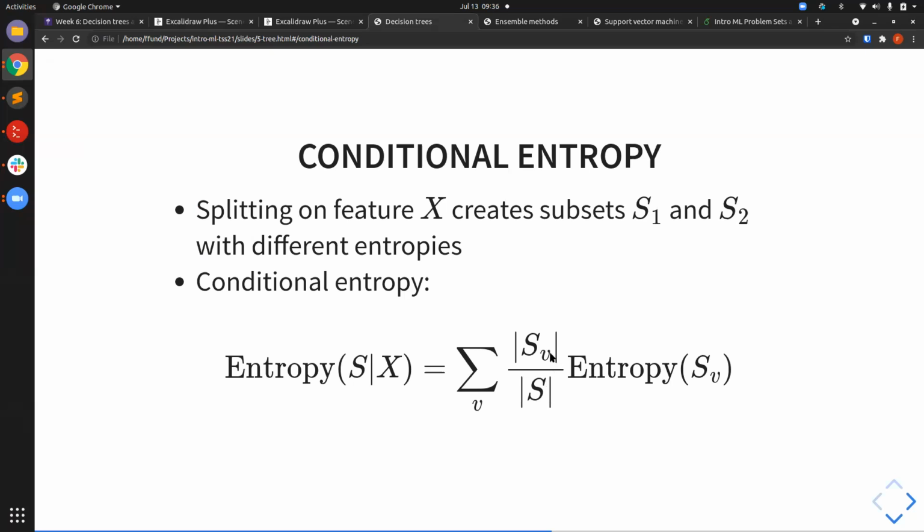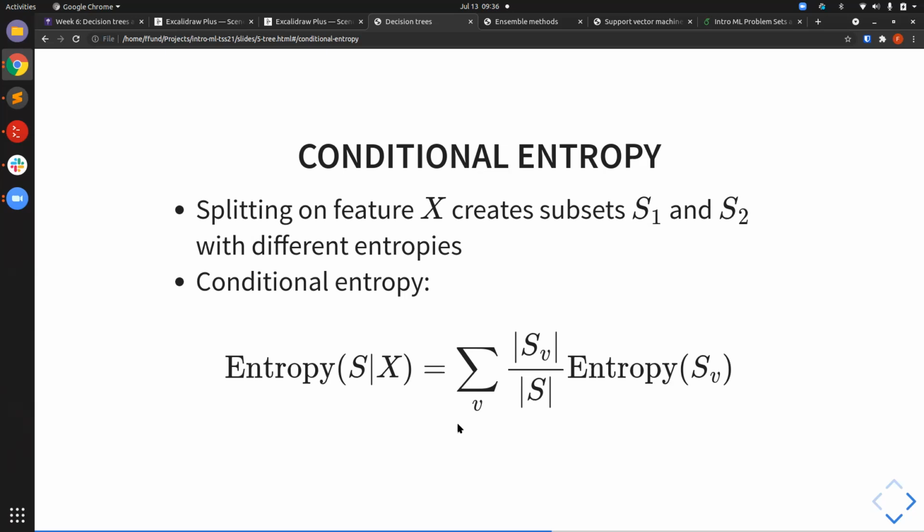I'm going to have subset 1 and subset 2. I'm going to compute the size of subset 1 over the total set times the entropy of subset 1, plus the size of subset 2 over the total set times the entropy of subset 2. And this is known as a conditional entropy.